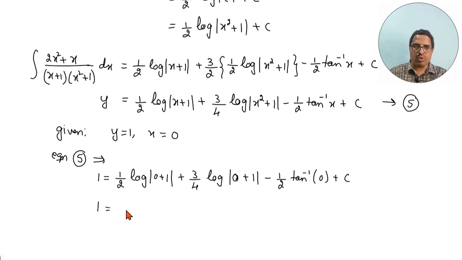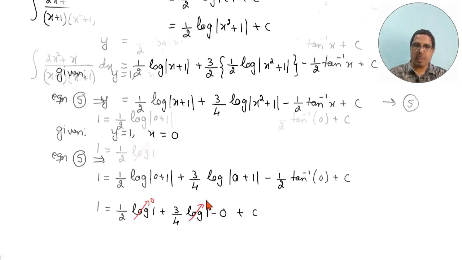This 1 is equal to half times log of 0 plus 1 will be just 1, plus 3 by 4 will be getting log of 0 plus 1 will be 1, minus tan inverse of 0 will be 0, 0 times anything will be 0 itself, plus c. But we observe that log of 1 will be 0.